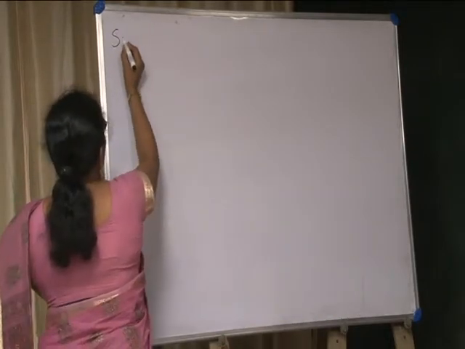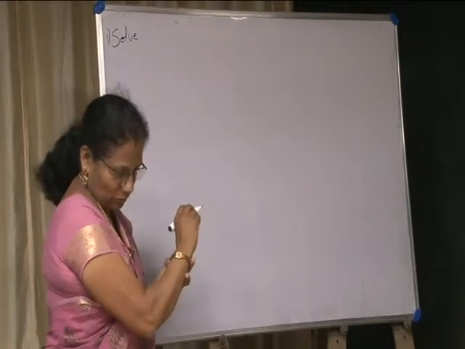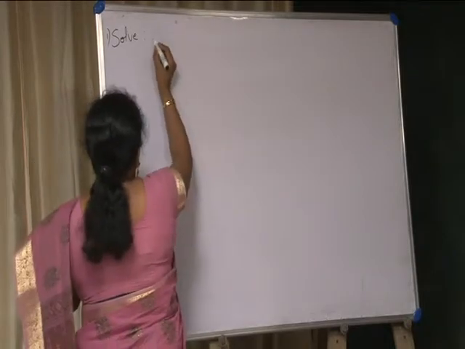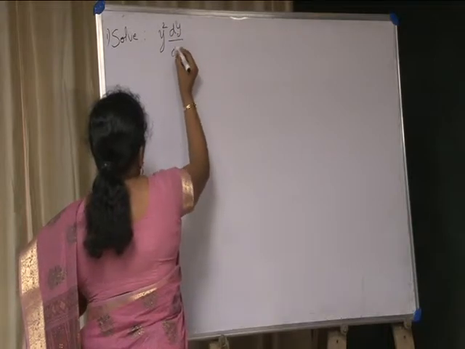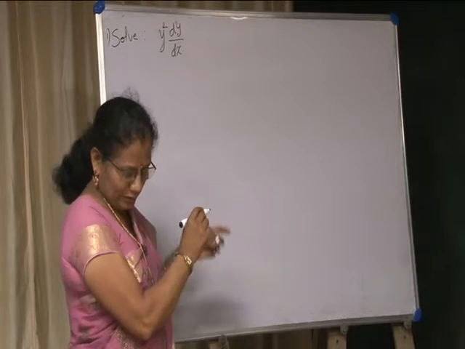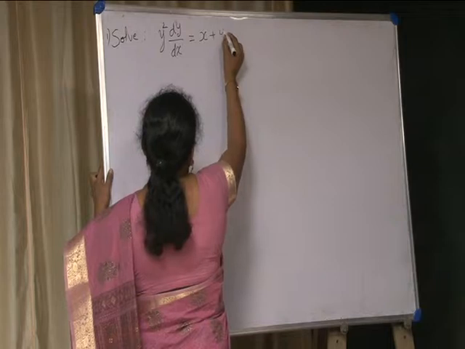Solve y squared dy by dx is equal to x plus y cube.